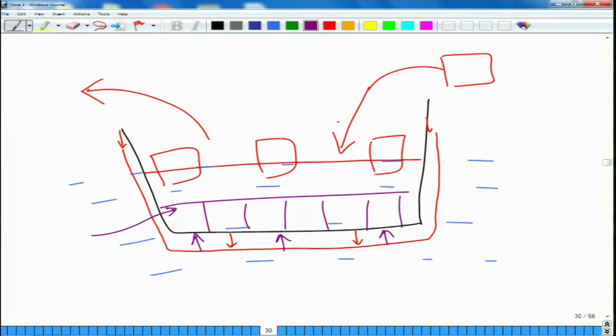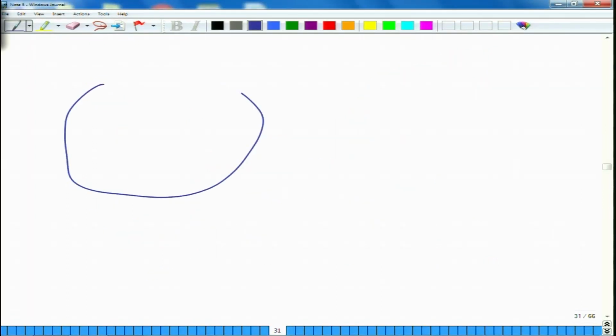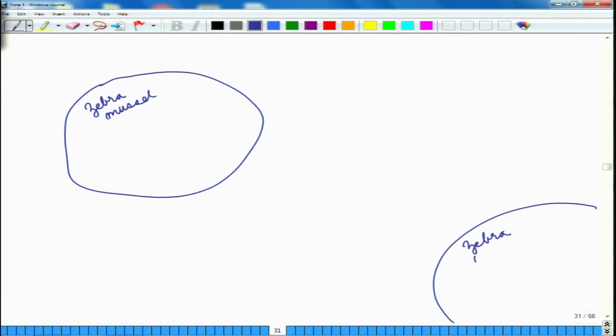Now, what happens in these situations is that suppose this is an area in which you can have an animal that goes by the name of zebra mussel. This is another area in which you could have a good habitat for zebra mussel.